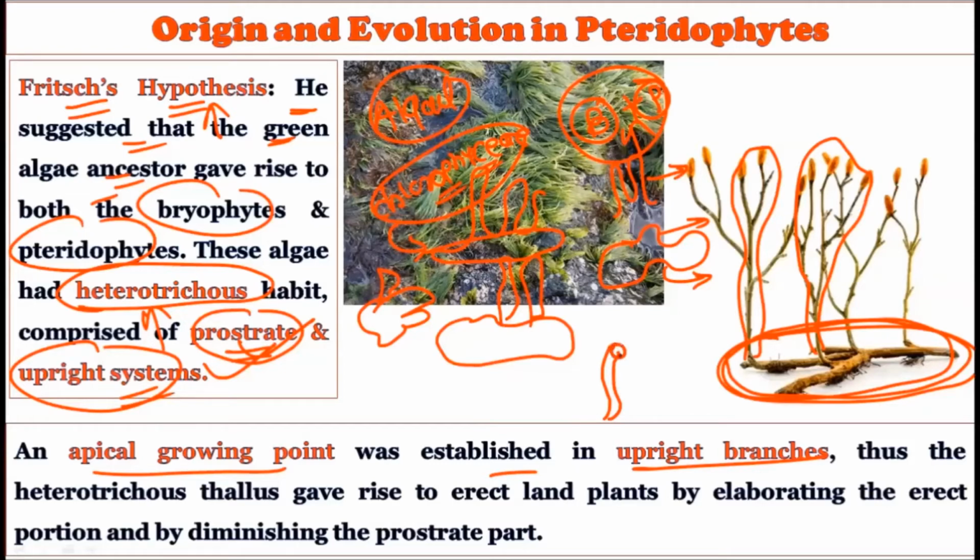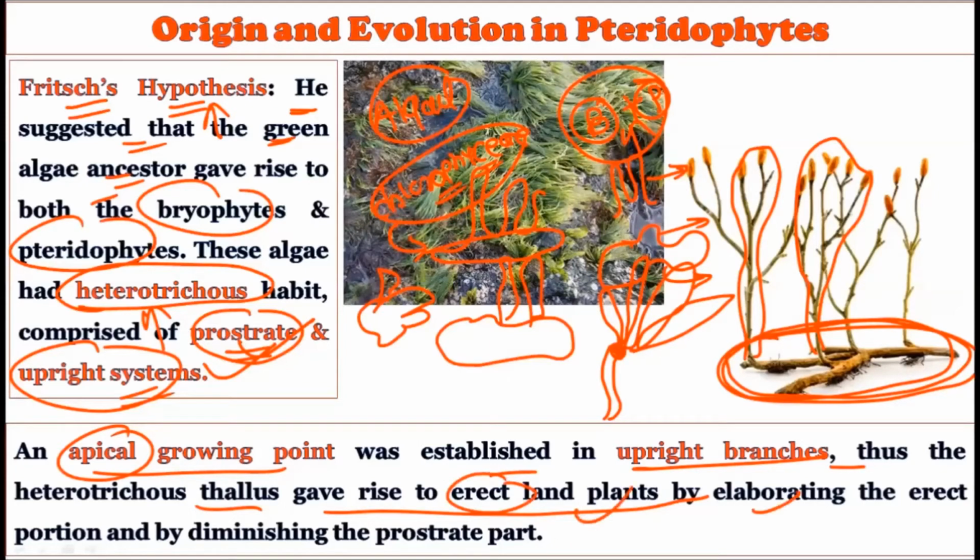At the apical region here, the growing points were established in the evolution, and thus the heterotrichous thallus gave rise to the erect land plants, just like this, and the growing point developed there, and that is why it has given the erect habit like this. Erect branching, subaerial branching, is created out of this apical growing point. Okay, thus giving rise to the erect land plants by elaborating the erect portion and by diminishing the prostrate part.